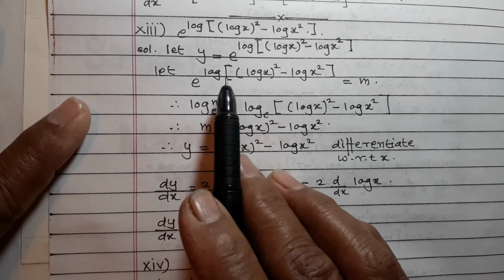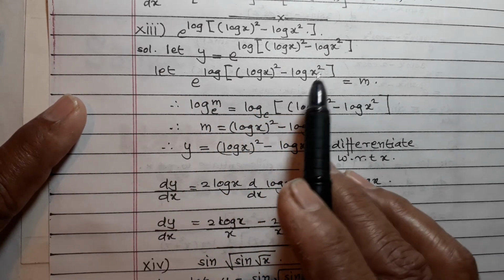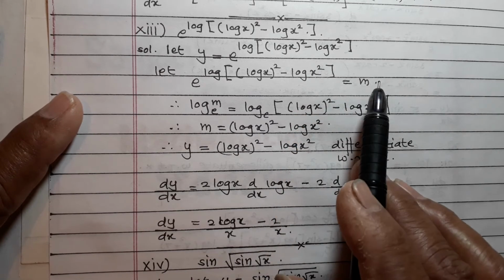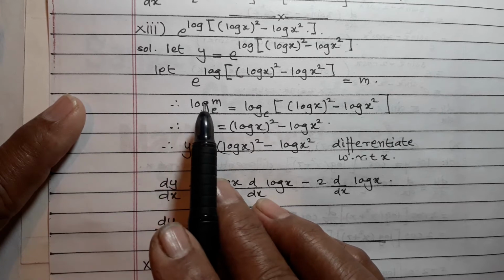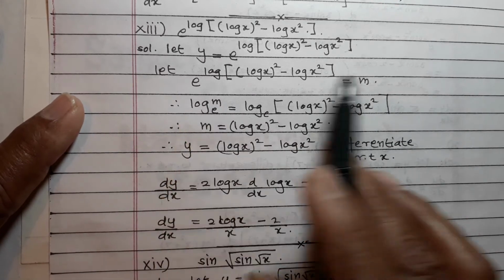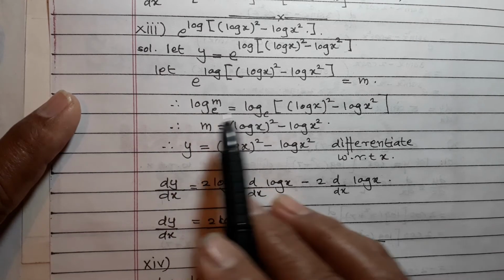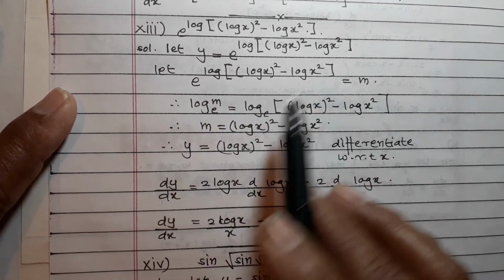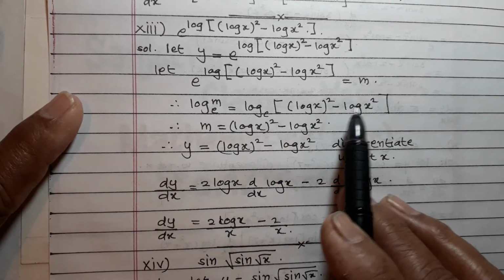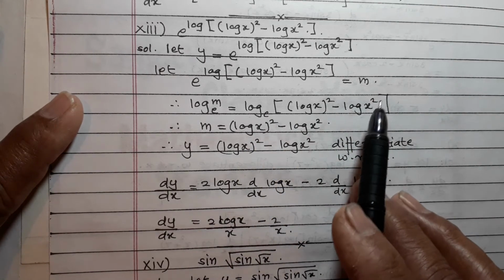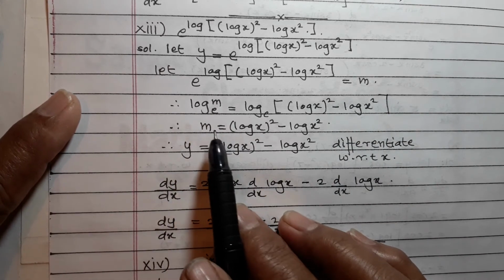Let e raised to (log x)² minus log x² be equal to m, then you simplify this by the definition of logarithm. So log m to the base e is equal to this, (log x)² minus log x².